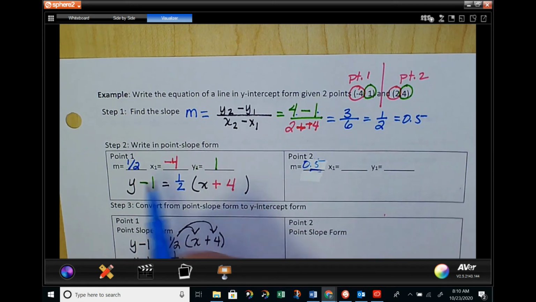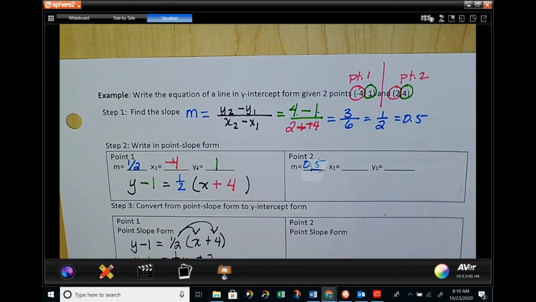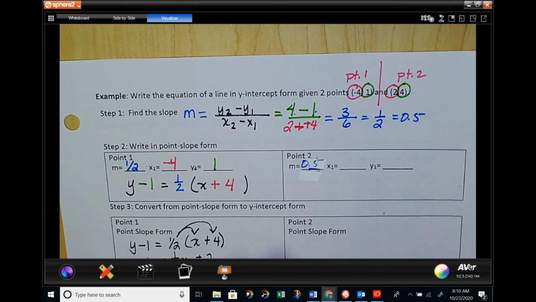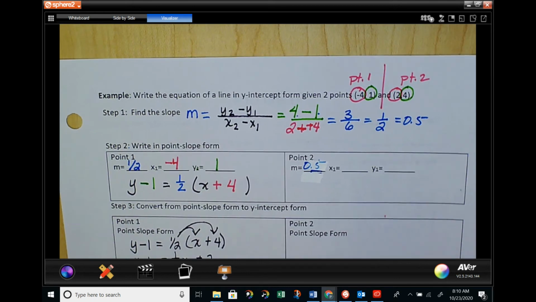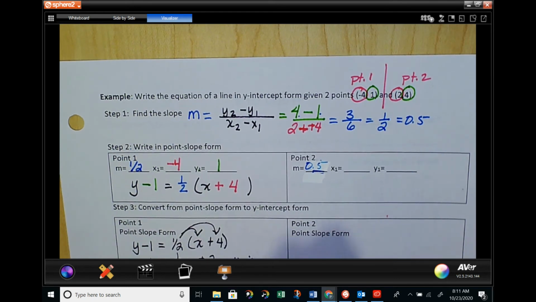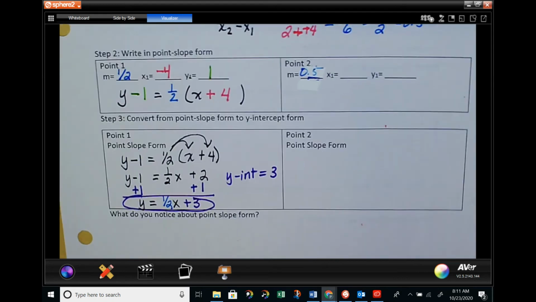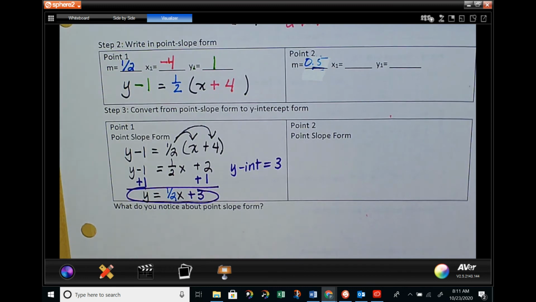That hasn't changed. So my slope is still 1/2. And then 2 plus 1 ends up being +3. So there is my y-intercept. So my y-intercept is equal to 3.